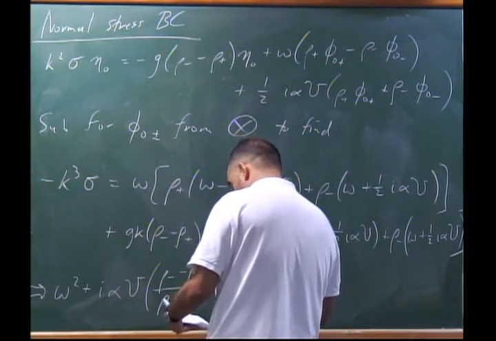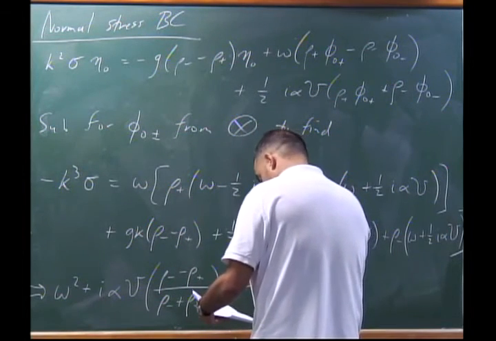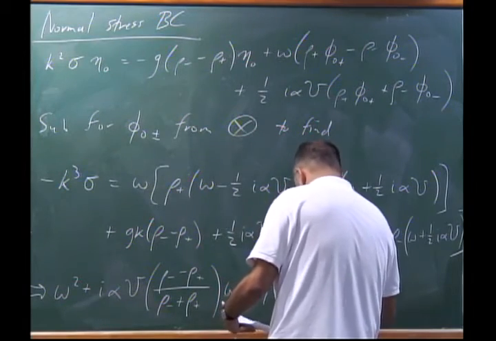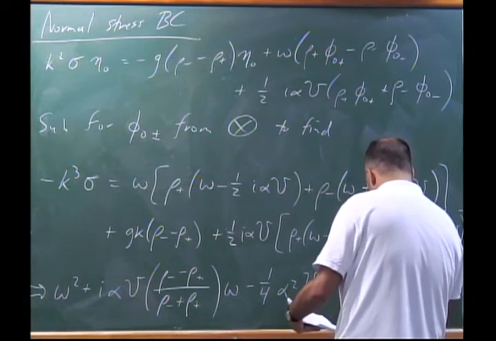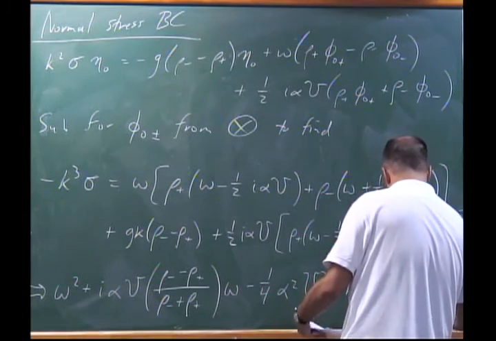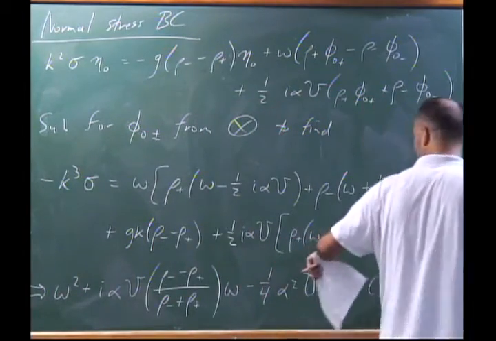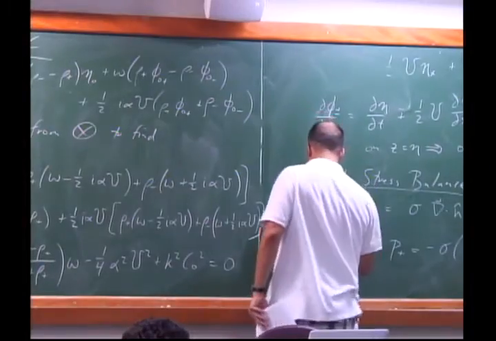So we're basically getting a quadratic equation in omega, right? 1/4 alpha squared u squared plus k squared c naught squared is equal to 0. Okay, so we're getting a quadratic equation. Why does this look so much less awful than that? Because c naught is awful in itself.